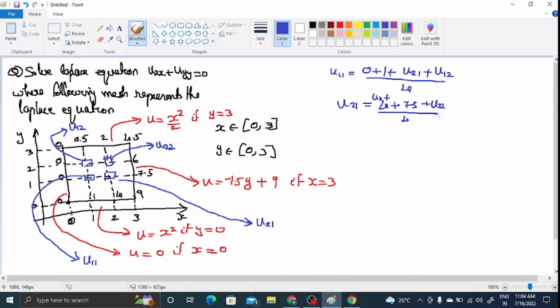So u21 is u11 plus 4 plus 7.5 plus u22, divided by 4.